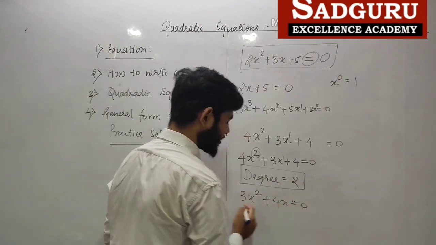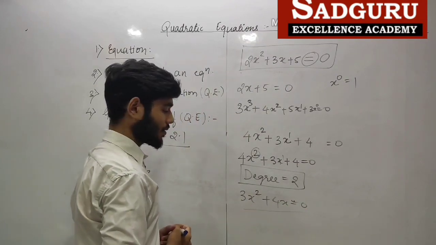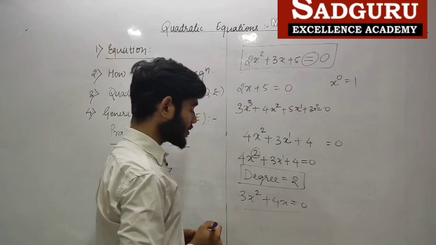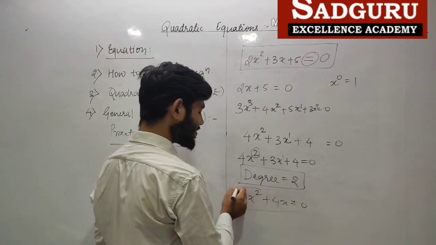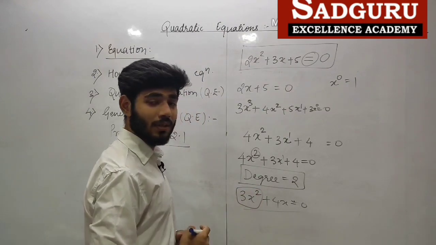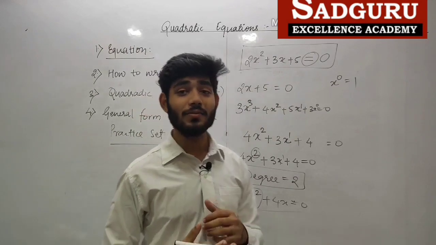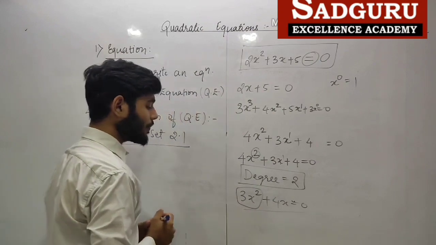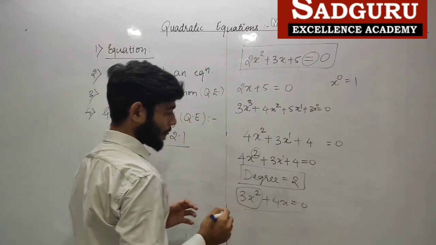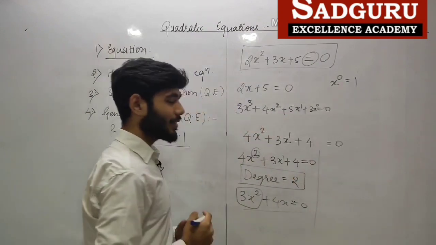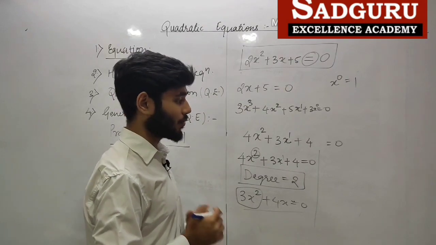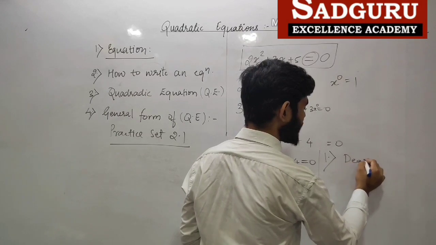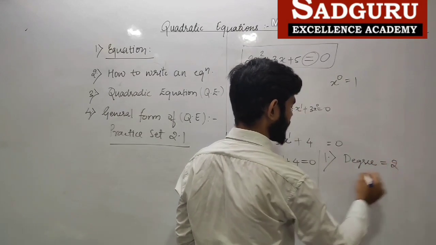If anybody says, is it a quadratic equation? Obviously, yes, it is. Why is it a quadratic equation? Because it has degree 2. The given equation has degree 2, that is why it can be called a quadratic equation. Okay. So, how to identify that the given equation is a quadratic equation? First thing, we have to check its degree. Degree must be equal to 2.